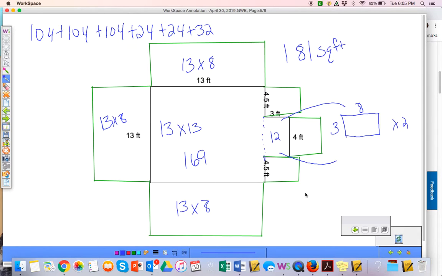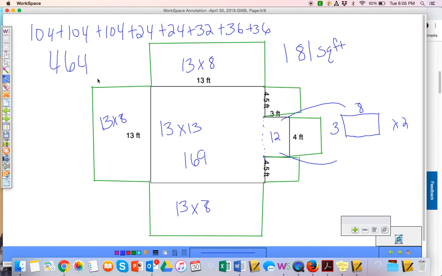Yep. So then we have plus 36 plus 36. So we're just going to add all of those together. So we get 464. So again, we would still need 2 gallons of paint.